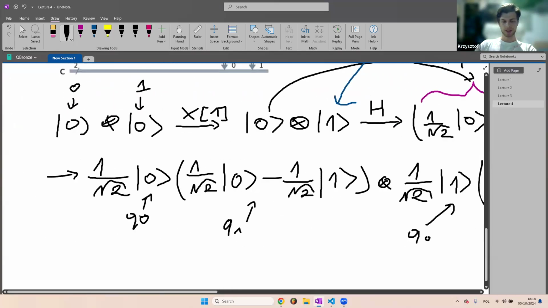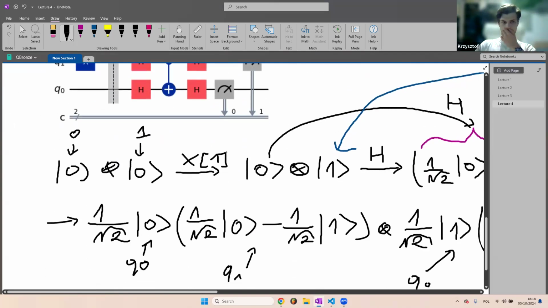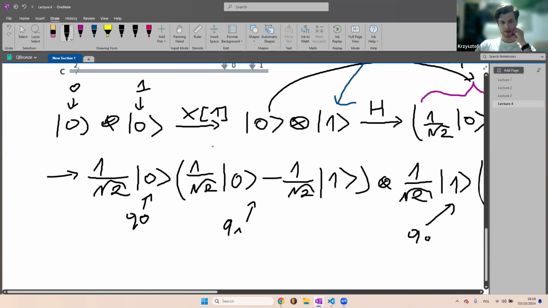Because now the first qubit is the control qubit.